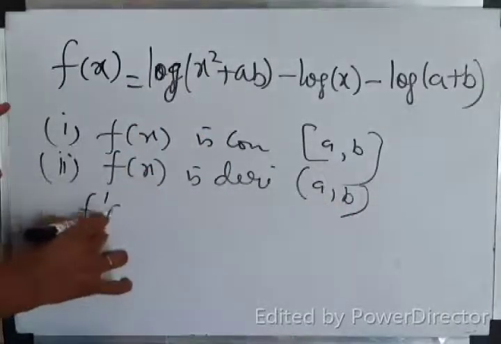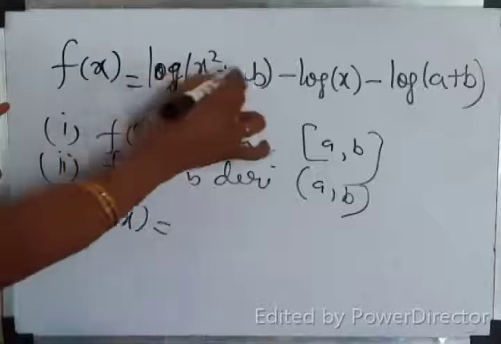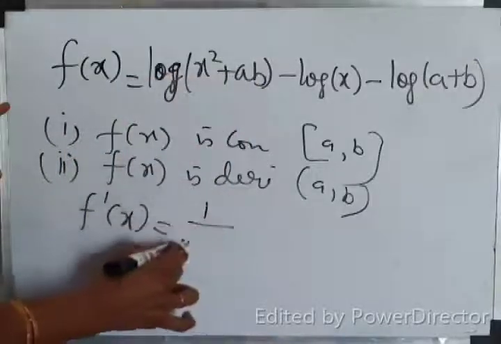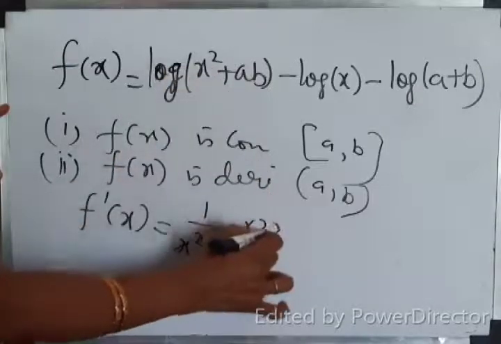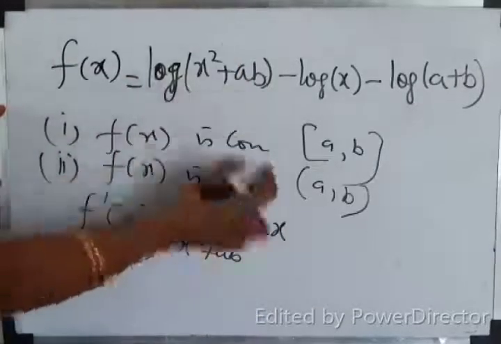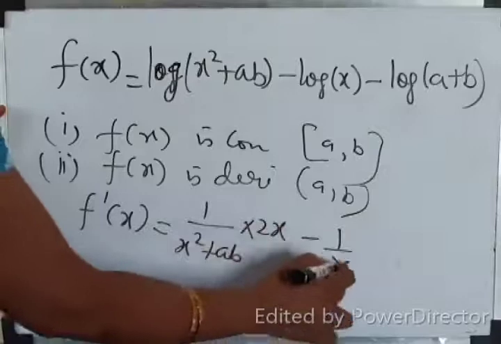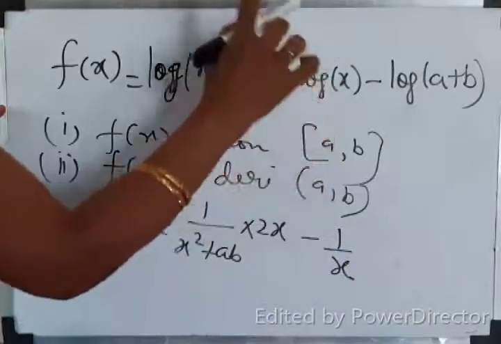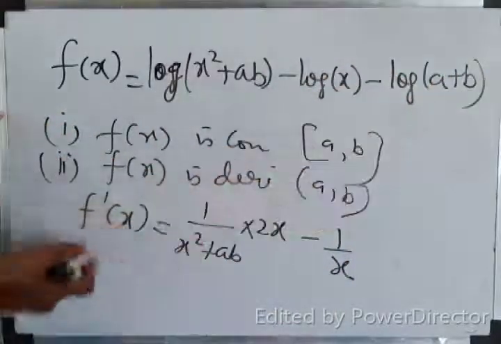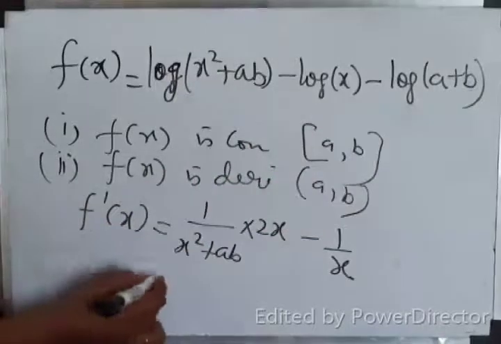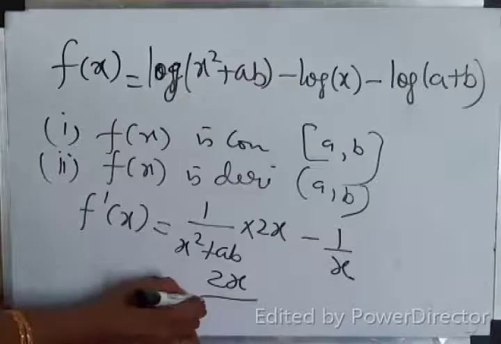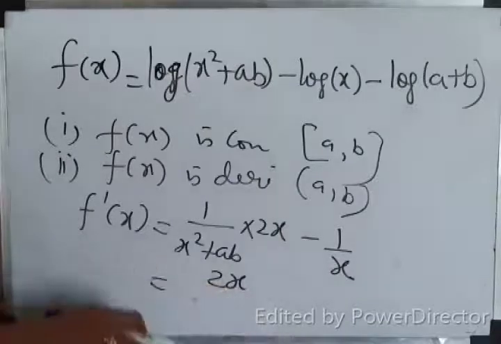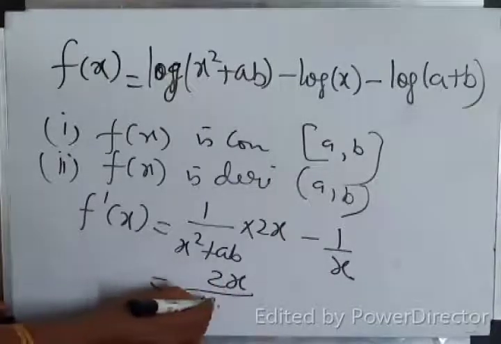Derive. What is f dash of x? Log x squared plus ab: 1 by x squared plus ab into 2x, ab is constant so 0, minus log x: 1 by x. If we differentiate x, 1, log of a plus b, 0. So, the f dash of x is very simple, isn't it? 2x by x squared plus ab minus 1 by x. We'll simplify, children.